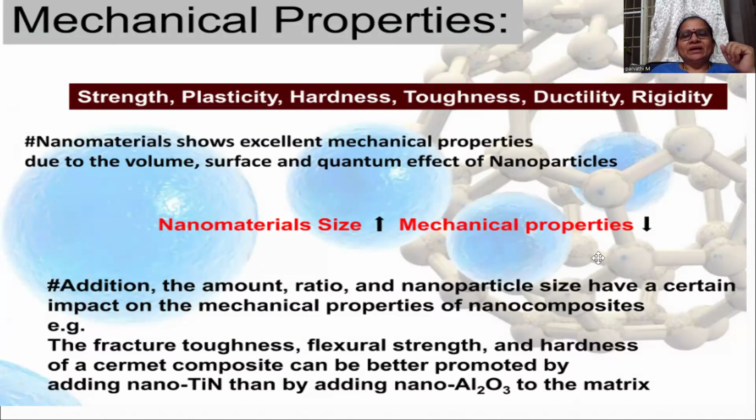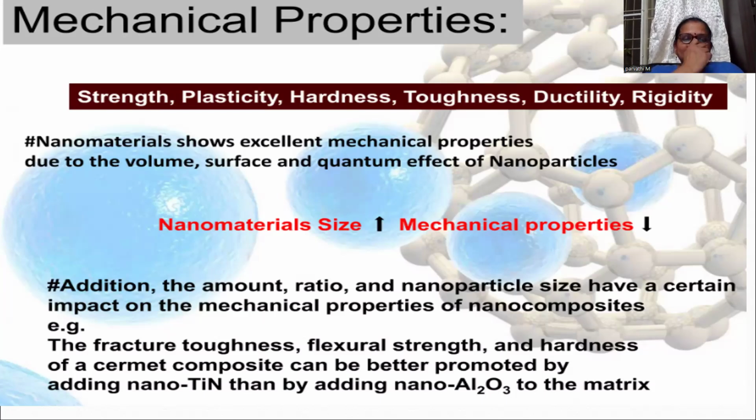Nanomaterial shows excellent mechanical properties because of the size, volume, surface, and quantum effects of nanoparticles. As nanoparticle size increases, mechanical properties decrease. The nanier the particle used in the system, the more the mechanical property will improve. So size should be reduced to increase the properties of the mechanical systems.